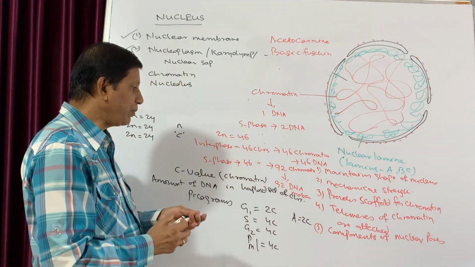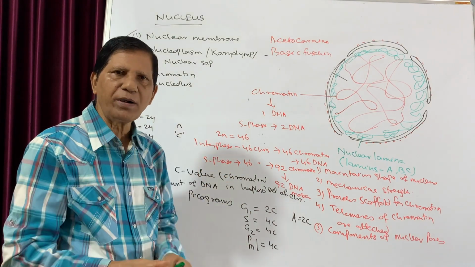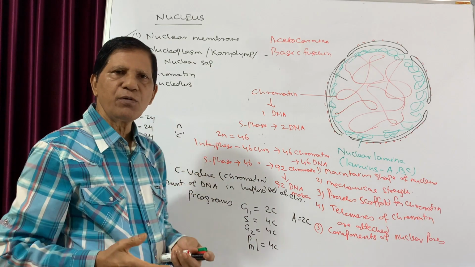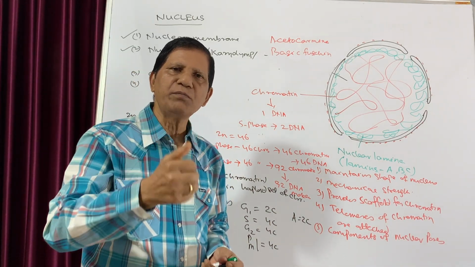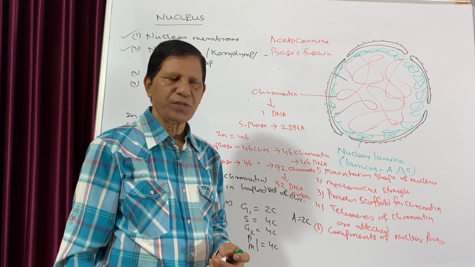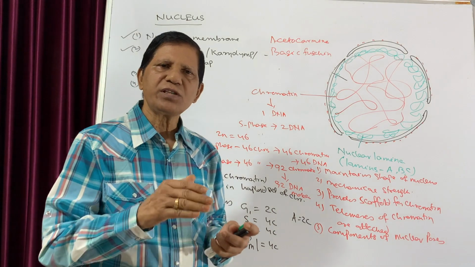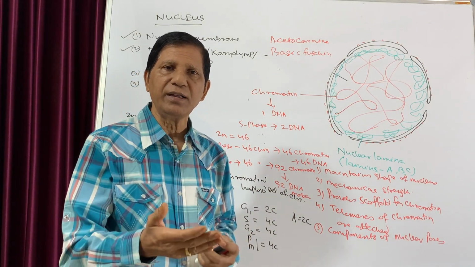So this is the difference between the number of chromosomes and the chromatin value. The number is counted in the form of digits, while the C value is the amount taken in the form of picograms. This C value differs from cell to cell. It depends upon the amount of DNA that is present.